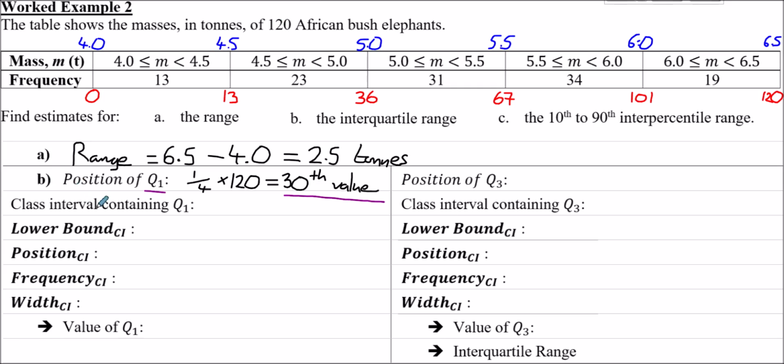So now, the class interval containing Q1. Q1's the 30th value, which is somewhere here. Because it's in this one, we know that the interval which contains Q1 has to be this one from 4.5 to 5. So we can just add this in as a little mental note.